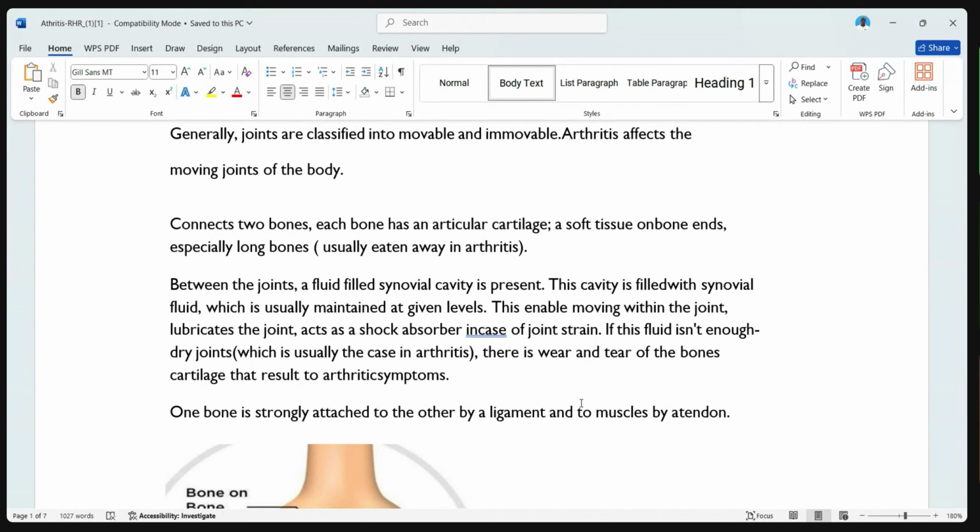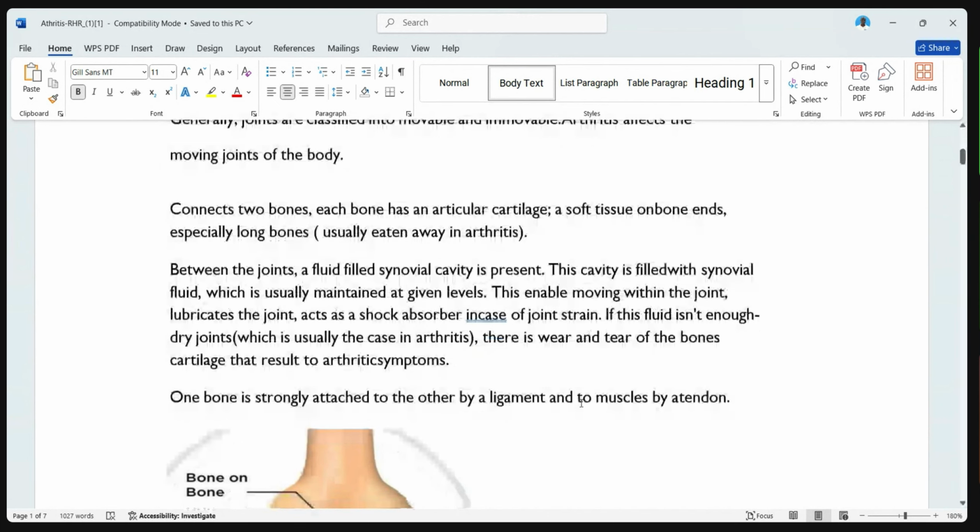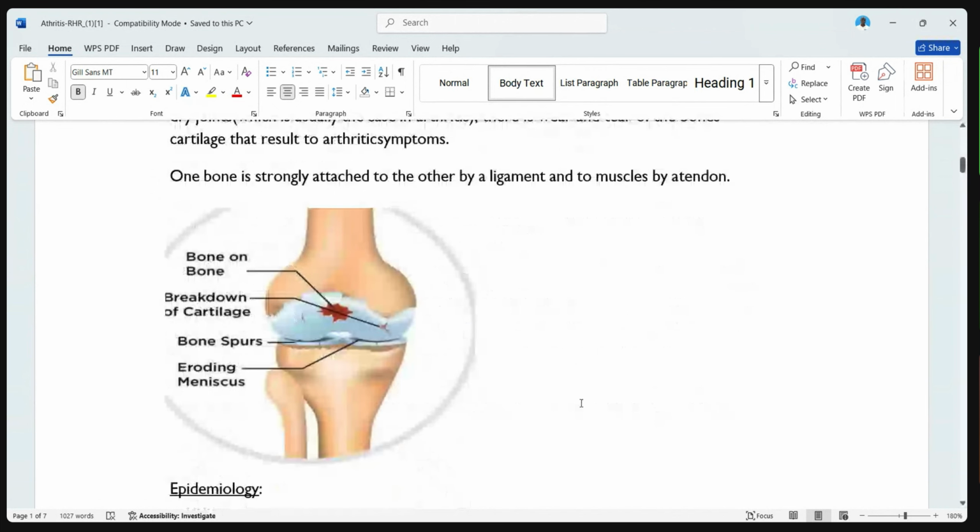In the case of arthritis, without this fluid, there is a risk of you developing arthritis, a reduction of this fluid. There's a risk of experiencing joint pains and all that. So what I'm trying to say is that all those who have arthritis have compromised either the volume of the synovial fluid or the articular cartilage.